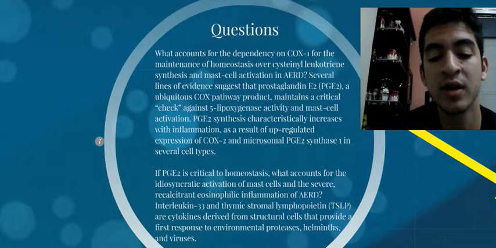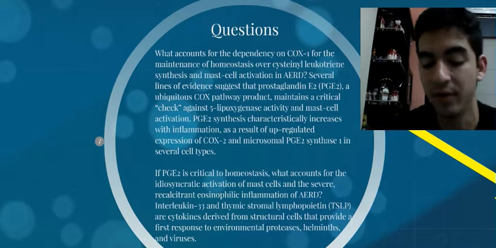Interleukin-33 and thymic stromal lymphopoietin are cytokines derived from structural cells that provide a first response to environmental proteins, hormones, and viruses.